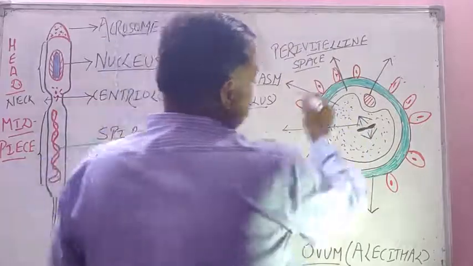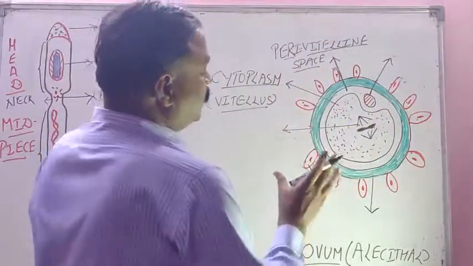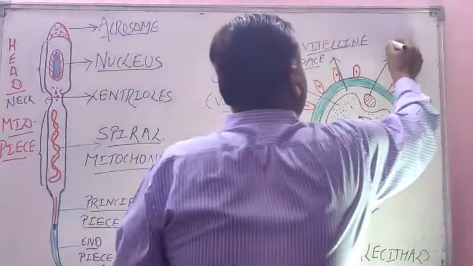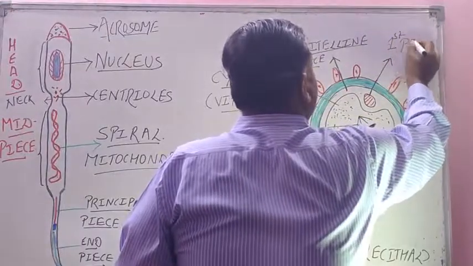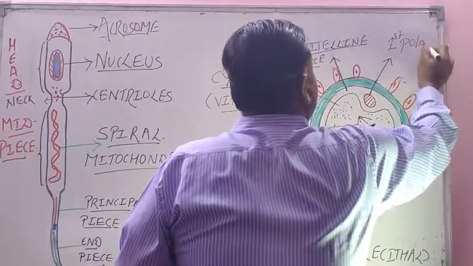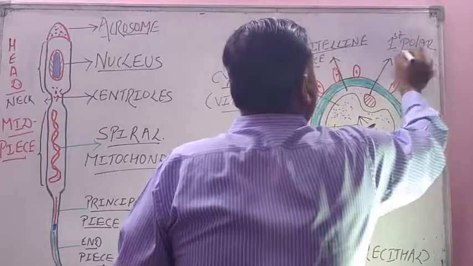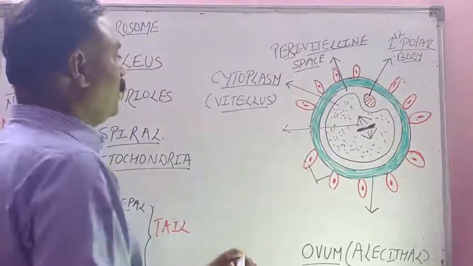And students, this structure, this ovum, is seen after ovulation, when it comes in the funnel of the oviduct. At that time we observe the first polar body. Now what is the first polar body? Just after this you will study the stages of oogenesis.